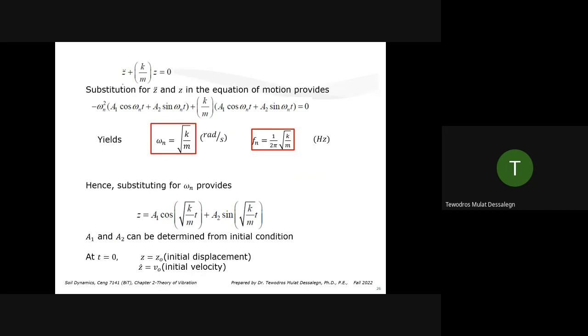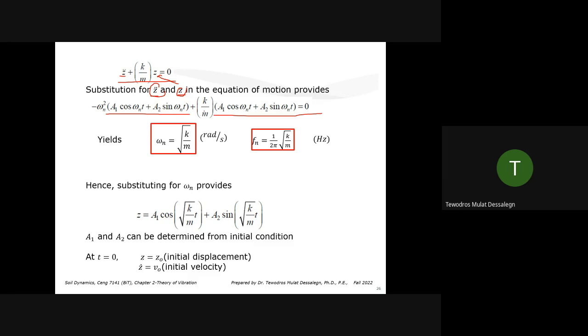So you have your original differential equation for a 1 degree of freedom system, free vibration with no damping. Substituting acceleration and displacement in the equation of motion, we now know the expression for z dot dot, the acceleration, and z, the displacement. You can plug that into the equation and you'll end up with these terms.